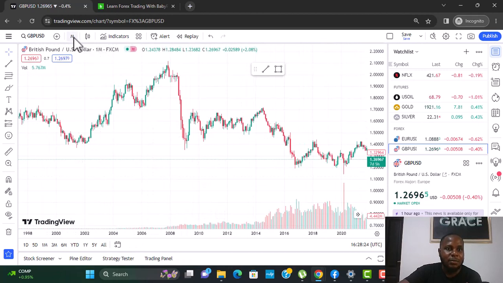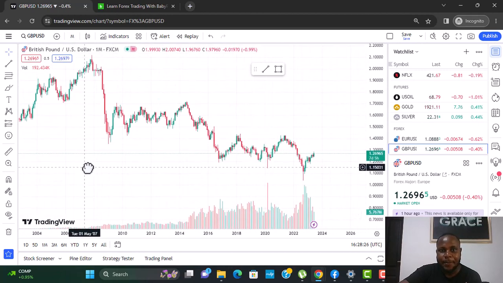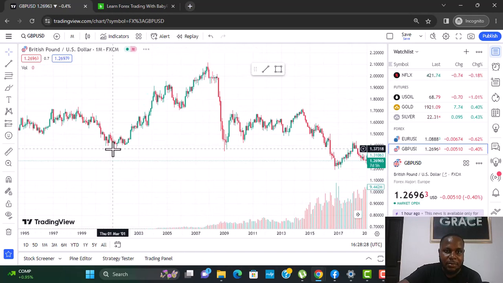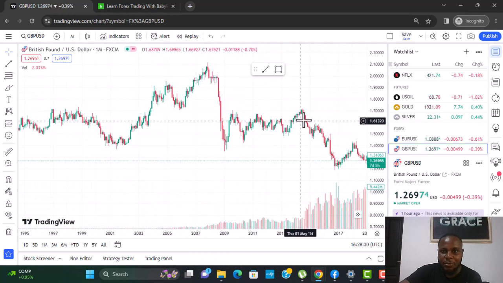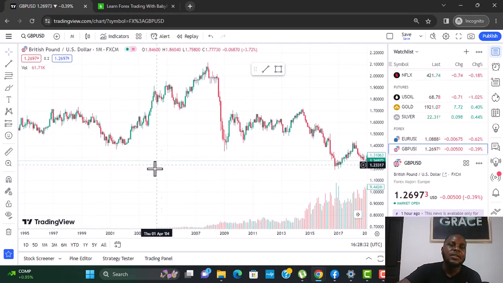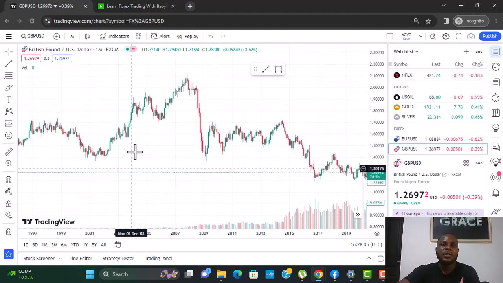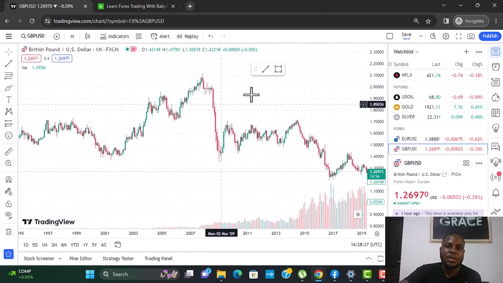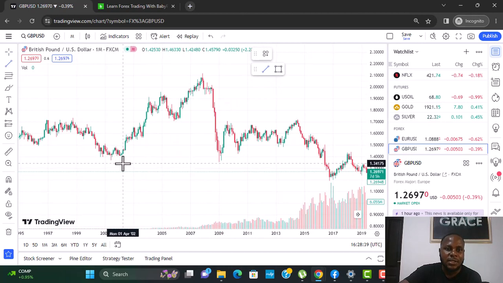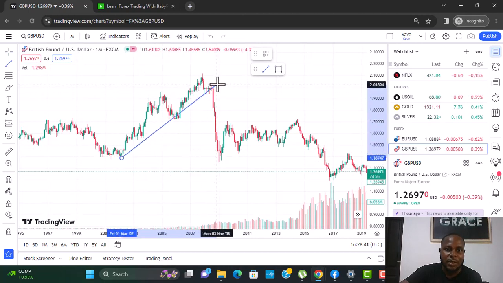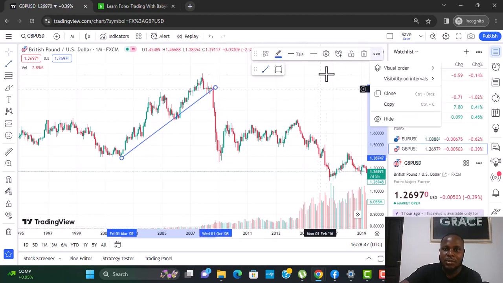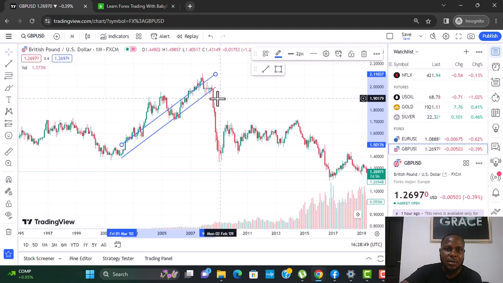So we have the monthly time frame. The market is moving this way, moving that way, moving this way, moving that way. So the three most important conditions: if the market is moving in this direction, this upward direction, it's safe to say that the market is in an uptrend, and it will be marked by this trend line.